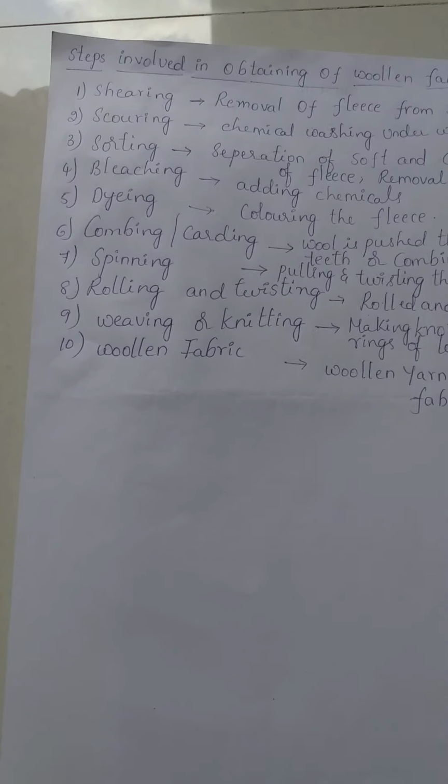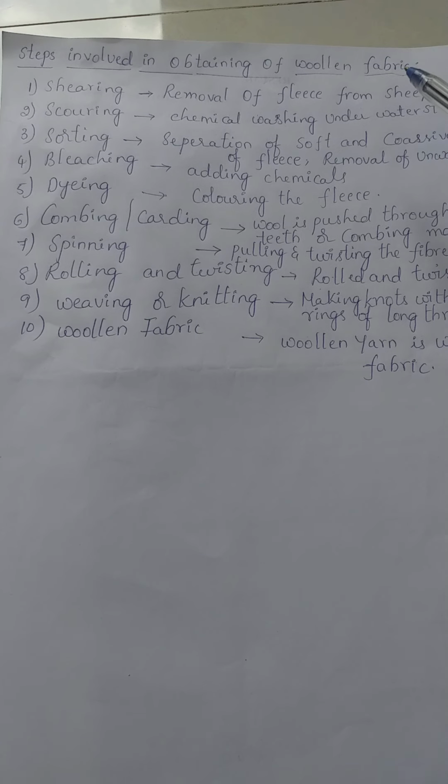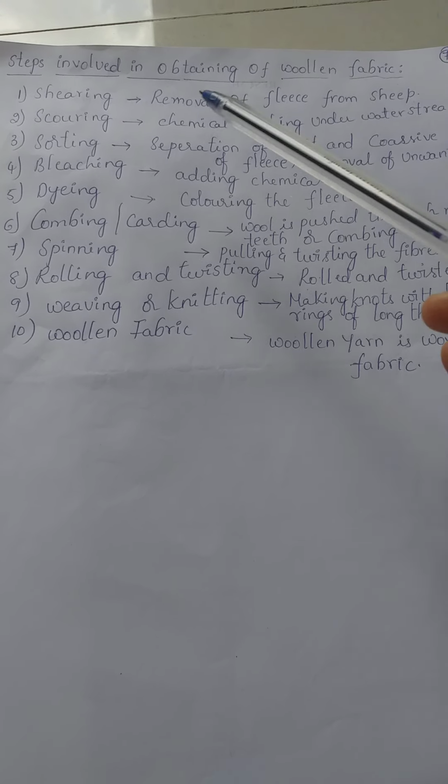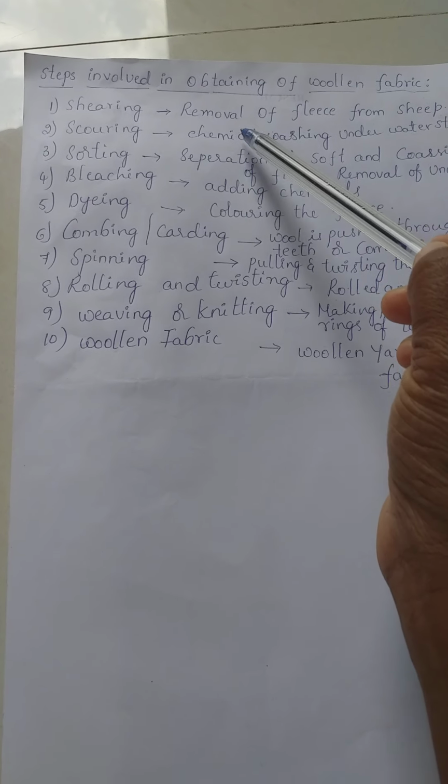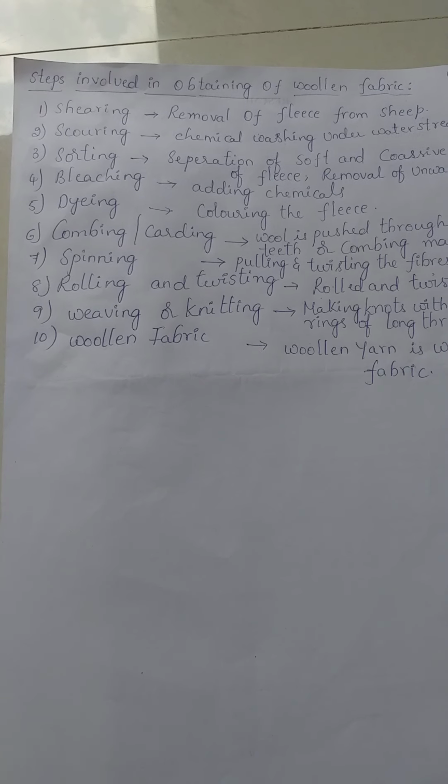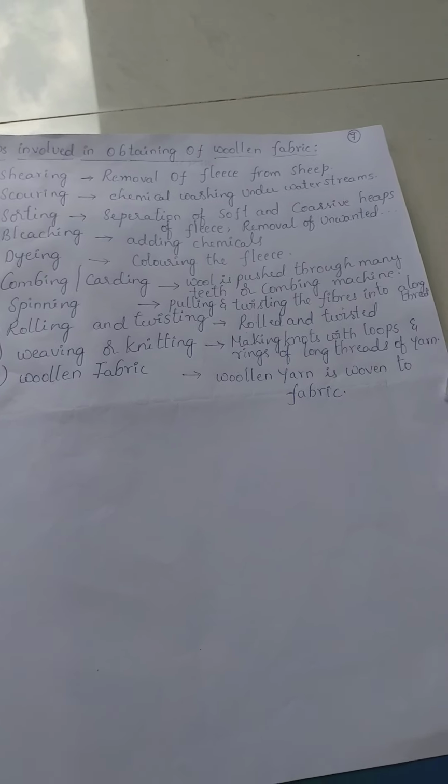So the steps involved in obtaining the woolen fabric are, first one is shearing. Shearing means removal of the fleece from the sheep. I'll show you one picture regarding this.